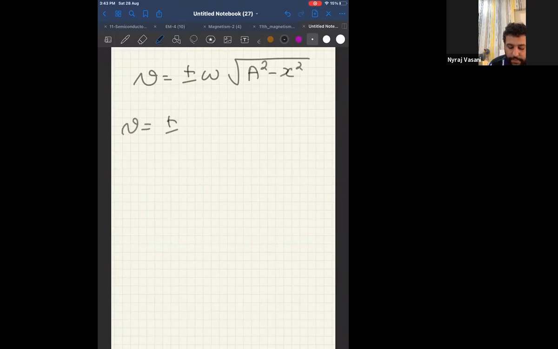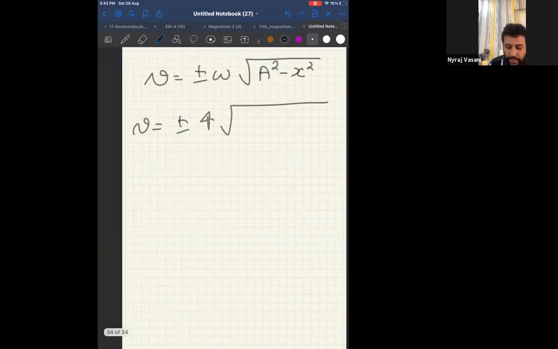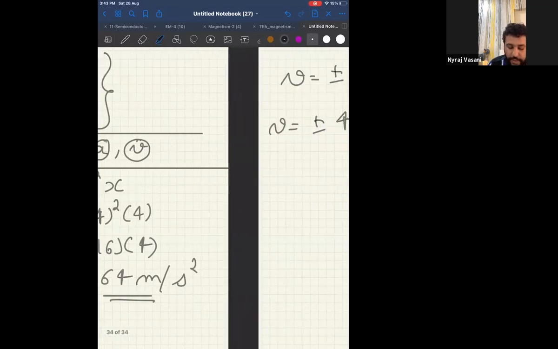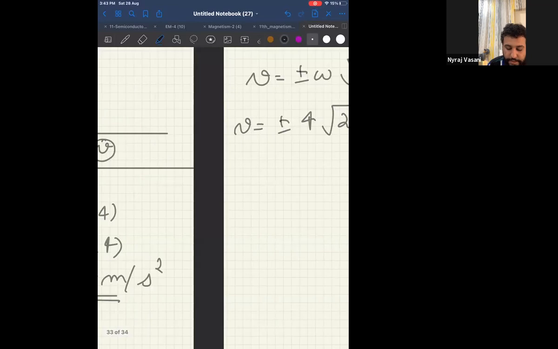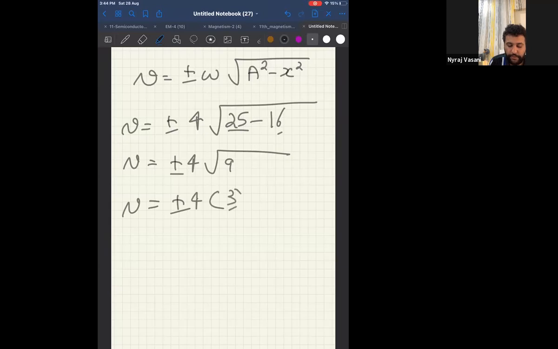Therefore, velocity is plus or minus 4 under root of 5 square, which is 25, minus x square, which is 4 square, 16. So v is plus or minus 4 into square root of 9, which is 3. Therefore, v is 12. So answer is 12 and 64. Are you getting that?